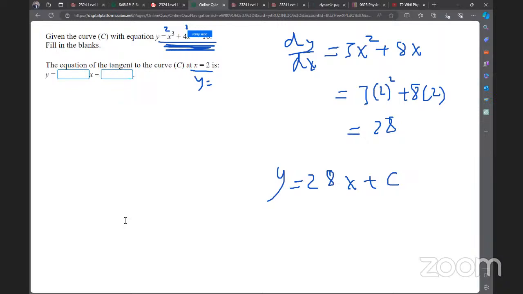Just tell me what y will be. 26. That's it. So I will replace in this line y by 26 and x by 2, and then I will get c. Do it, shift solve and get c, please.